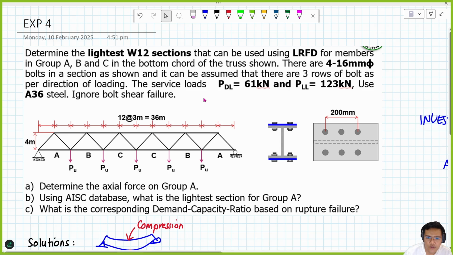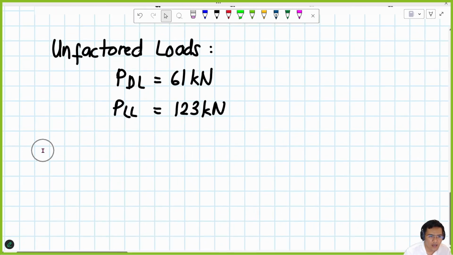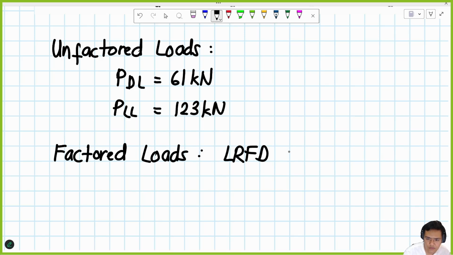So let's use that equation to solve yung ating factored loads. By the way, malinaw din sinabi sa problem, LRFD yung gagamitin natin on this problem. So ibig sabihin our factored loads as per LRFD would be 1.2 dead load plus 1.6 live load.